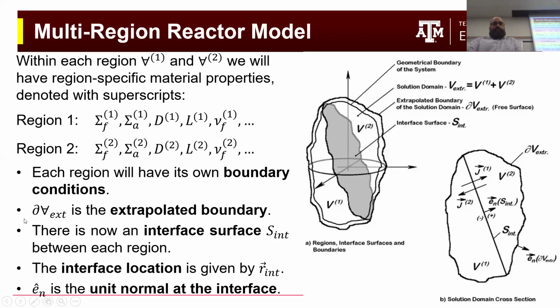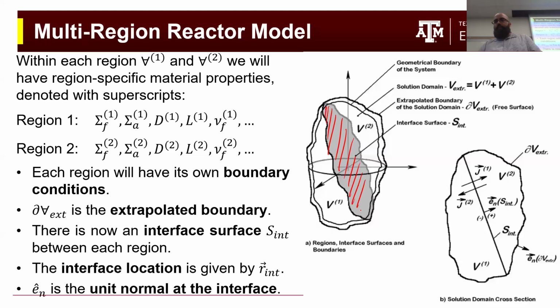We use this dV ext to define the extrapolated boundary. So that's in this picture right here. If I look at just the outside of this problem, that is the extrapolated volume. And now there's an interface surface between these two regions. That's what this gray highlighted region is right here.